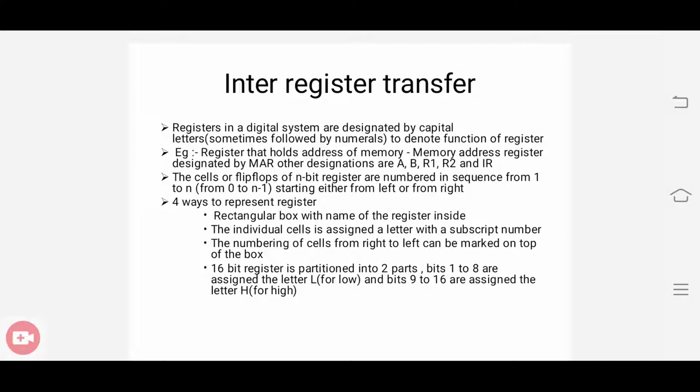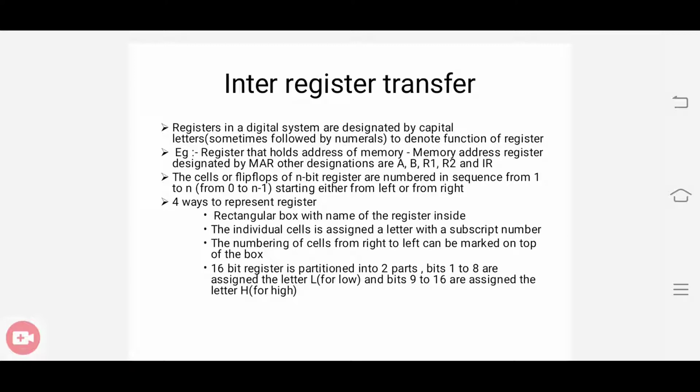And the bits present in the register are numbered from 1 to n, starting from left to right. Also, to represent a register, a rectangular box is used with the name of the register inside, and individual cells are assigned a letter with a subscript number, and the numbering of cells from right to left can be marked on the top of this box.